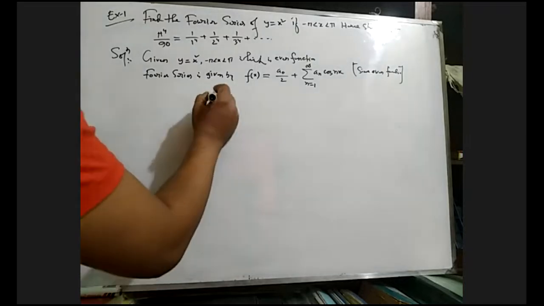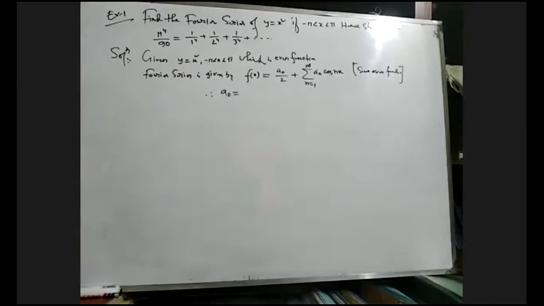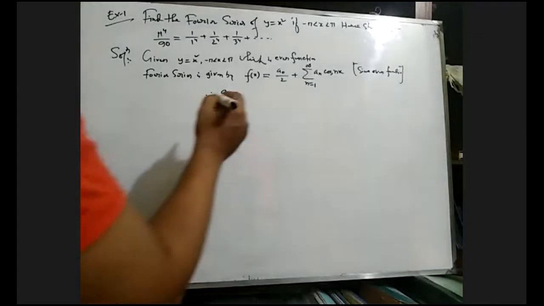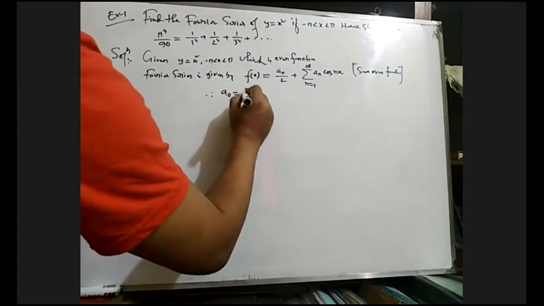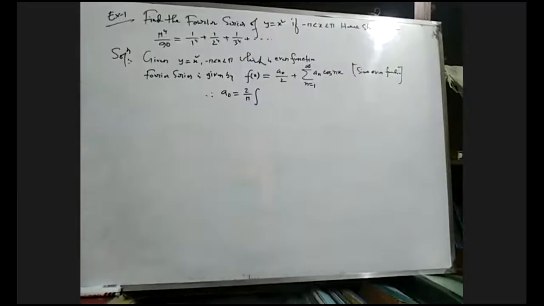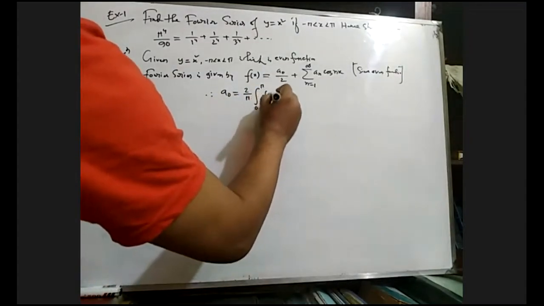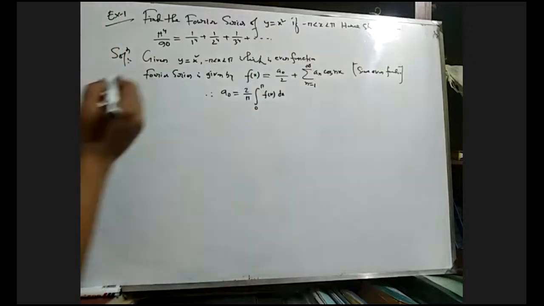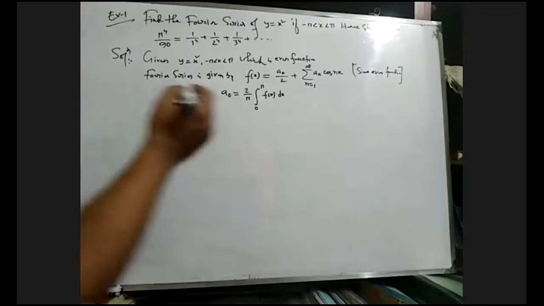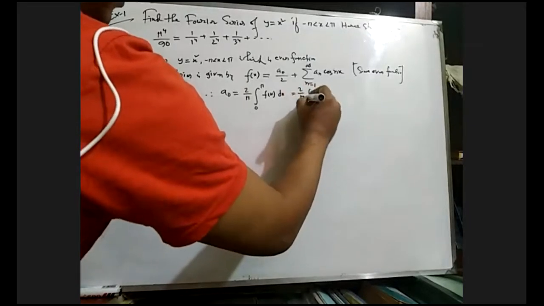So therefore a naught equals, what will be the formula for this? You must know: 2 by pi, because pi is the domain, minus pi to plus pi, integral limit 0 to pi f of x dx. Okay, but f of x equals what?